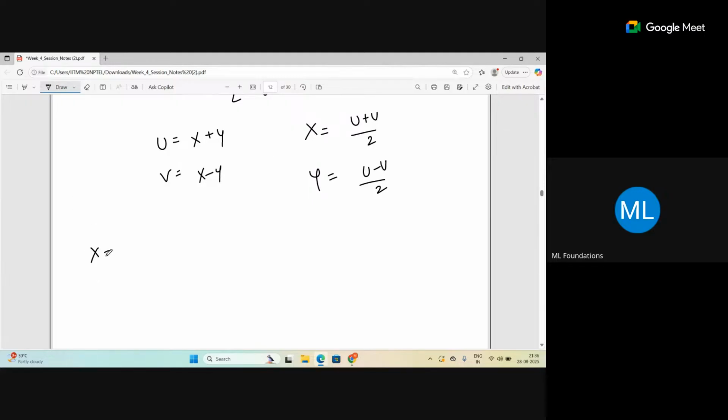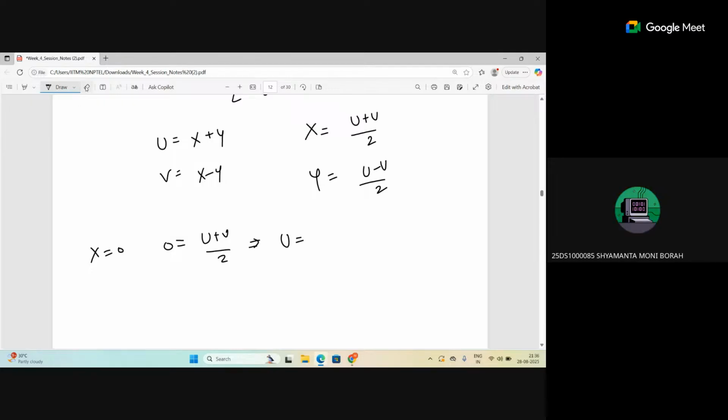So let us say x equal to 0. What will be the value of v in terms of u? That will be 0 equal to (u plus v) by 2, so v is equal to minus u.